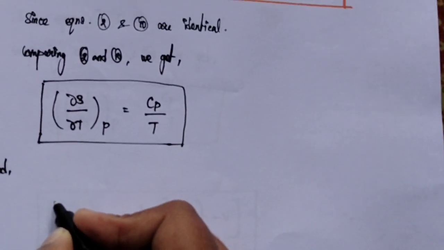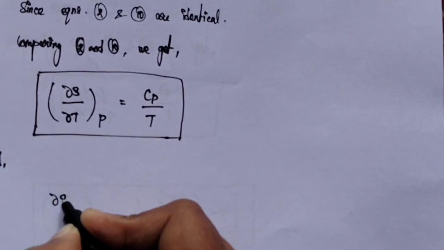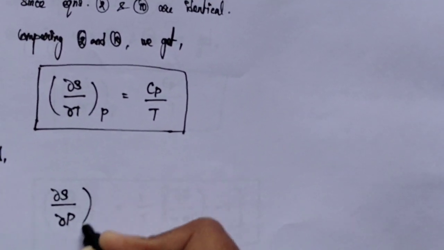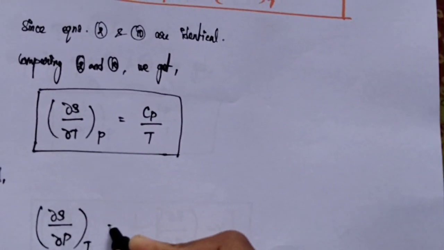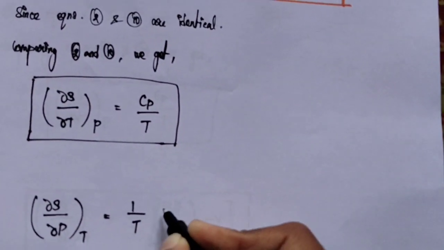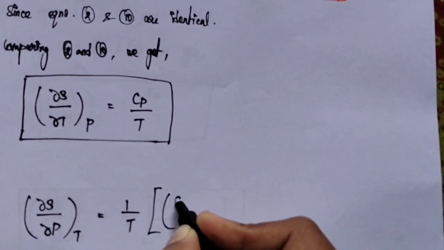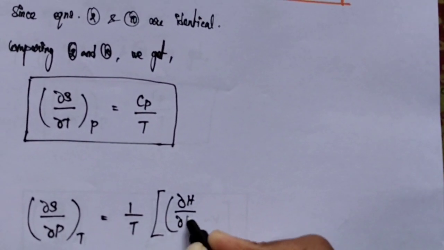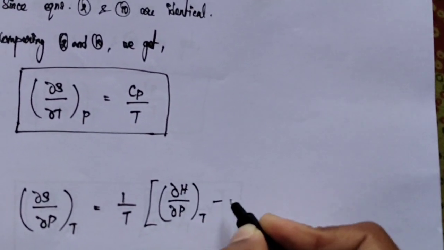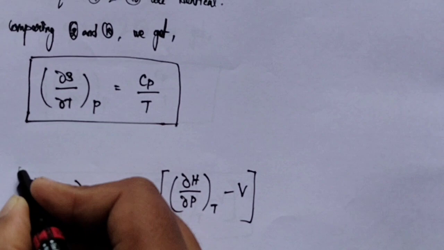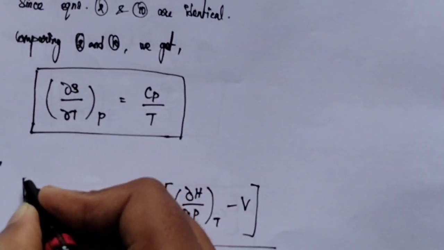So (∂S/∂P) at constant temperature is equal to 1 by T times [(∂H/∂P) at constant temperature minus V]. This is the final equation.